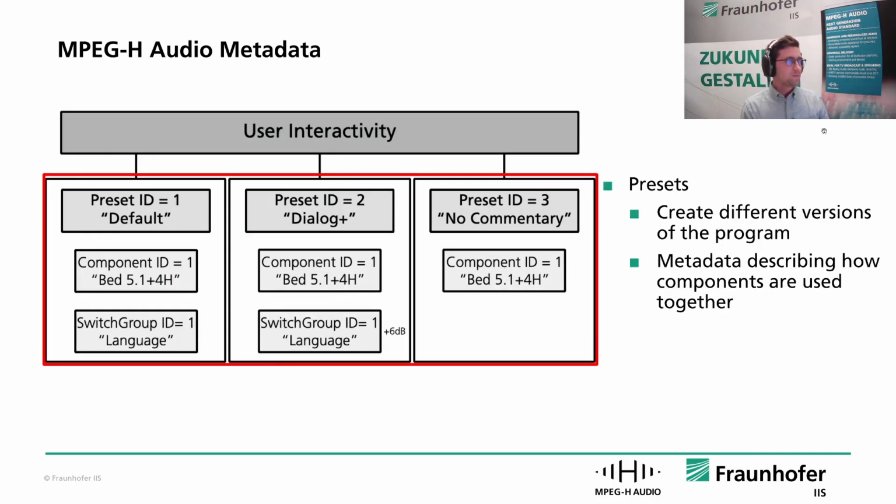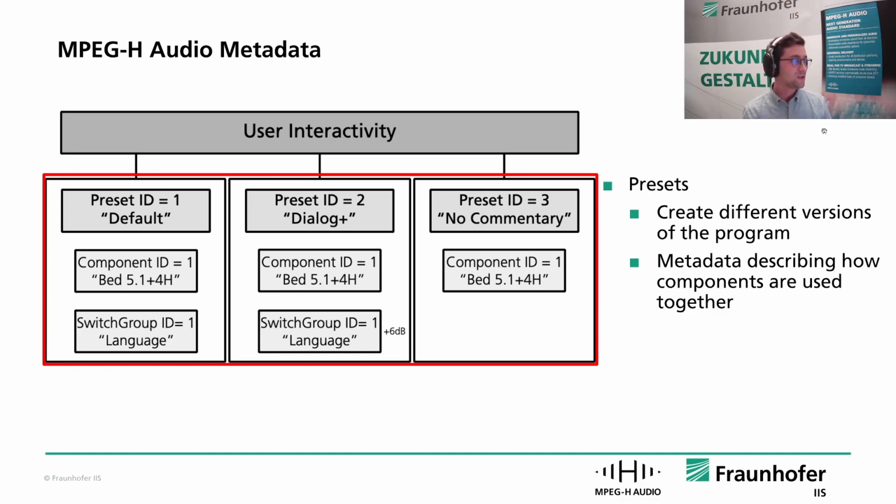And then we can define different components and all of this metadata into presets, which are basically creating different versions of our program. This metadata describes how the components are used together. So in this example, we have 3 presets: default, dialog plus, and no commentator, which consist of components, our ambience bed, as well as the switch group, which contains the languages.